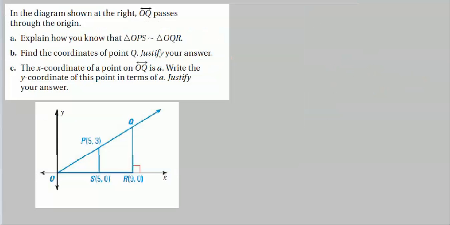Okay, this one, well, first off, I moved the diagram to the bottom. It's not really on the right anymore. Hope that doesn't confuse you. OQ passes through the origin. Okay, how do we know that OPS is similar to OQR? In other words, how do we know that this small triangle is similar to this big one?